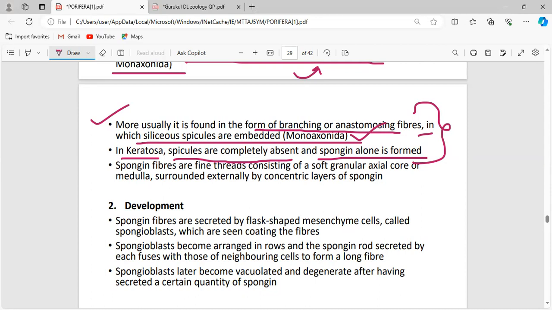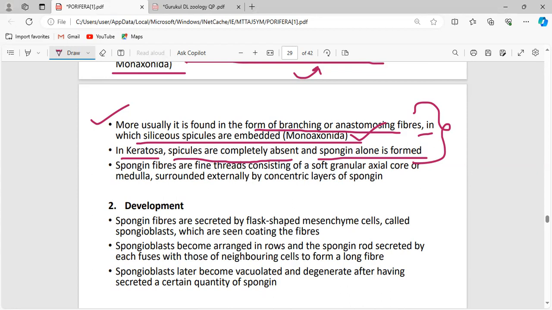But in some poriferans which have both in their skeletal system, the spongin fibers act as the cement which connects one spicule to another spicule. This is the most important point. No other thing is important.